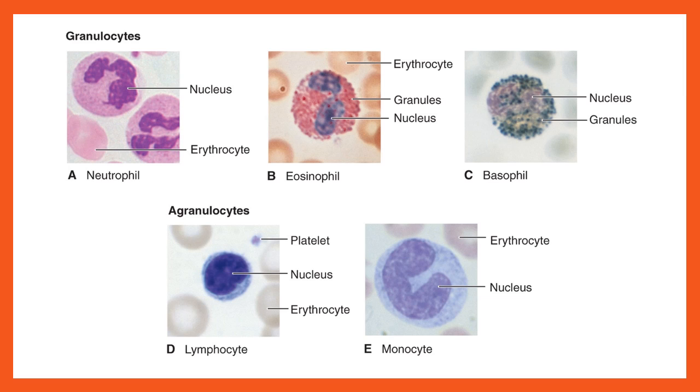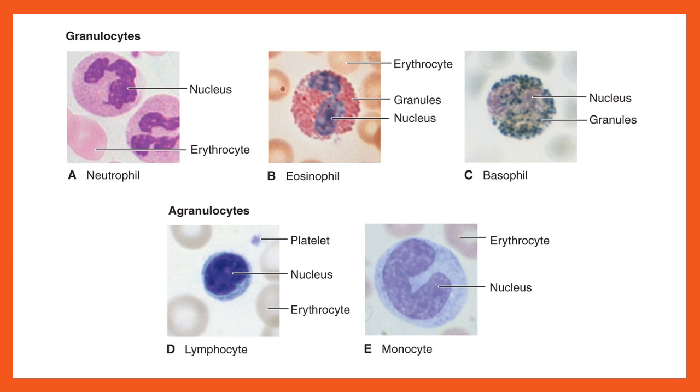This is a picture that gives you some notion to understand what's happening with the cells and how they look. You can see the granulocytes, neutrophils, eosinophils, and basophils, with distinct granules. Think about granules as lysosomes that have some kind of substance toxic to the invaders. Lymphocytes have a distinct nucleus, but we don't see observable granules.